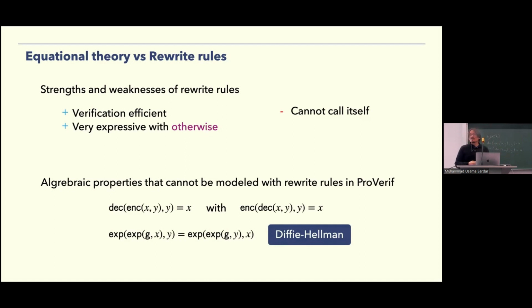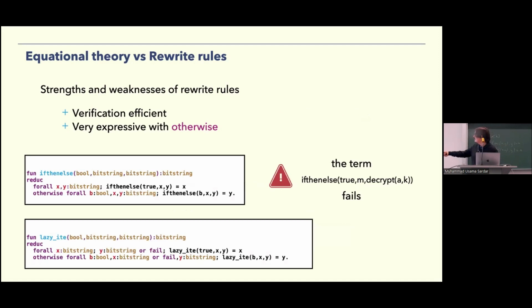And you can write this with an equational theory, but not with rewrite rules. Because here, you would have your rewrite rule declared, and you need at the same time to use it as an argument. This is not allowed with rewrite rules. When you're declaring it, the top symbol, the element that you're declaring, should only appear as top symbol.